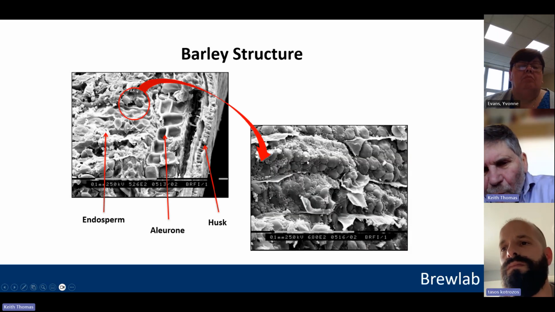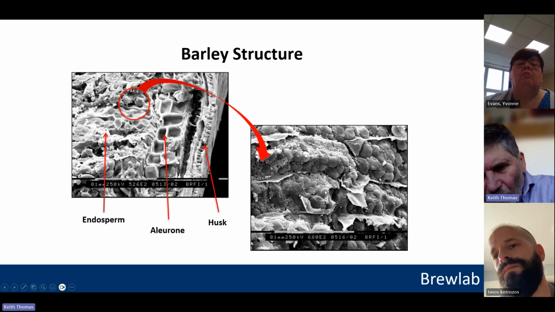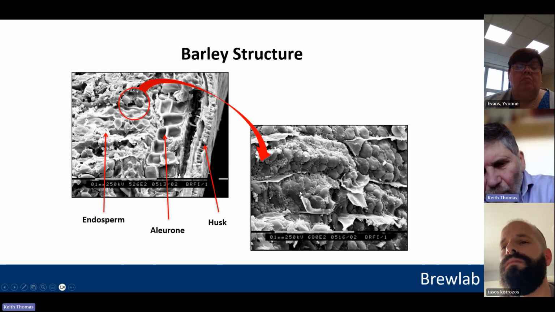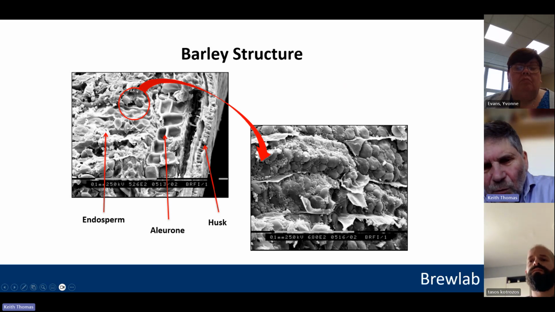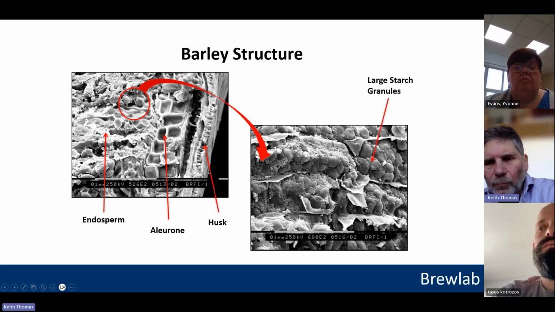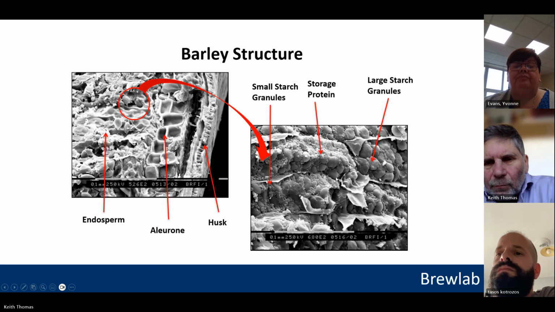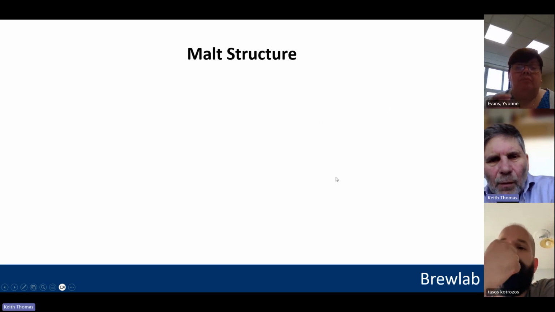And then the protein you can see on the surface sort of surrounding these grains. Those are the grains of starch. The protein sort of embeds around that and holds them stable, limits the digestion while this thing is in dormancy. And cell walls you can see there as well.